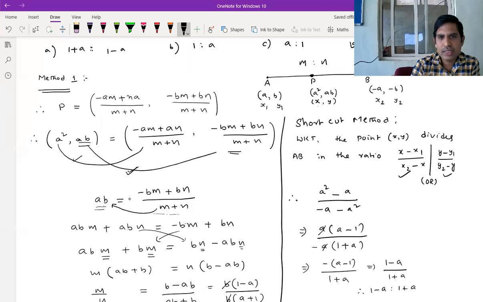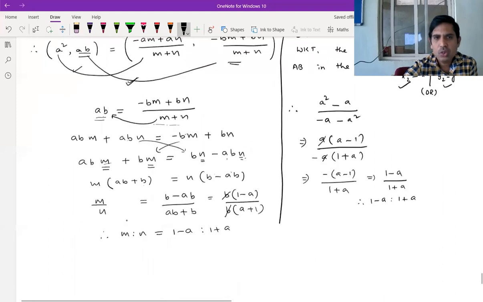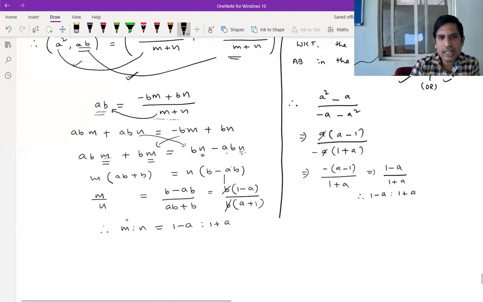This one is taken to the left side, this one to the right side. Here first m taken common, what remains is ab plus b. Here n taken common, b minus ab. Now we have to calculate the ratio, right? So m by n is equal to b minus ab by ab plus b.